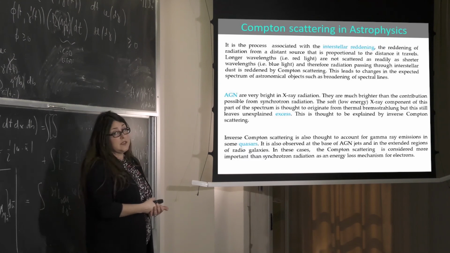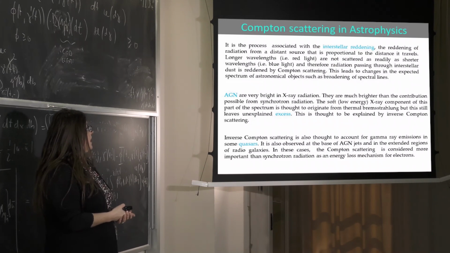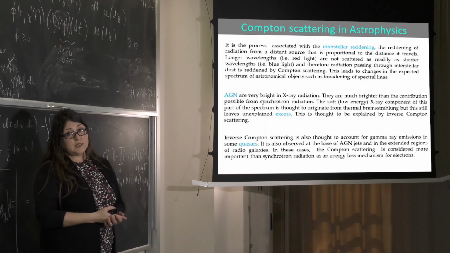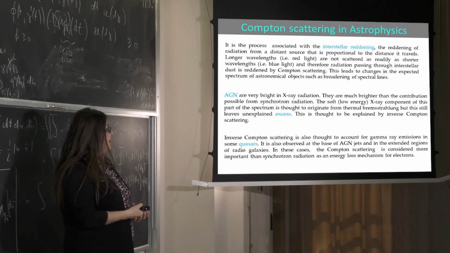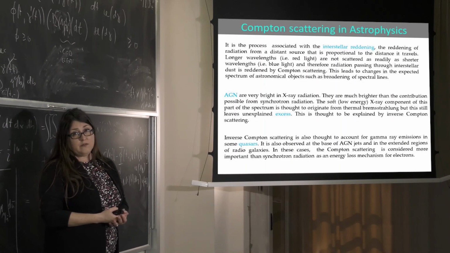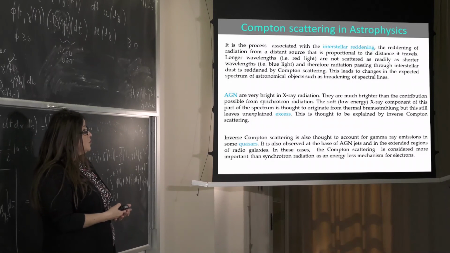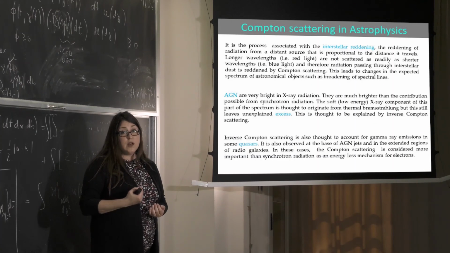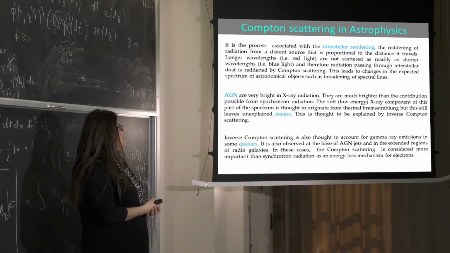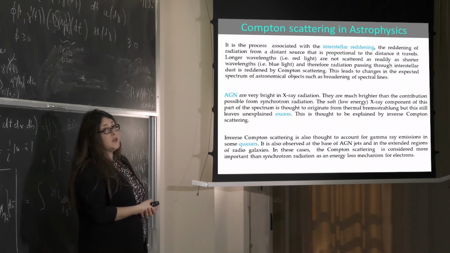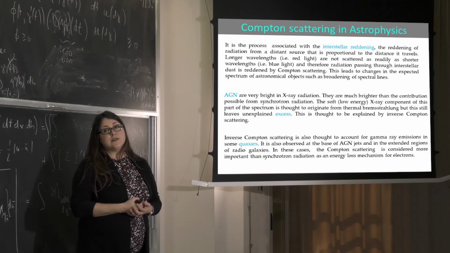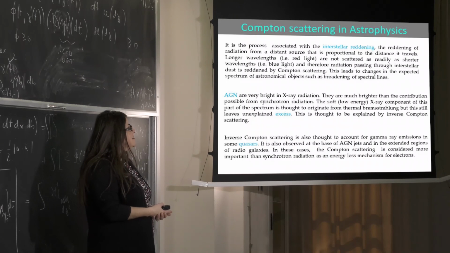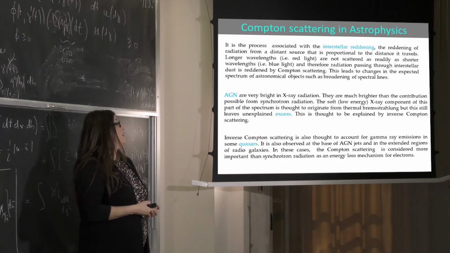And so in astrophysics, the Compton scattering is the process which is associated, for example, to interstellar reddening, the reddening of radiation from a distant source, which is proportional to the distance that the light will travel. The longer wavelengths, for example, the red light, are not scattered as easily as the shorter wavelengths.